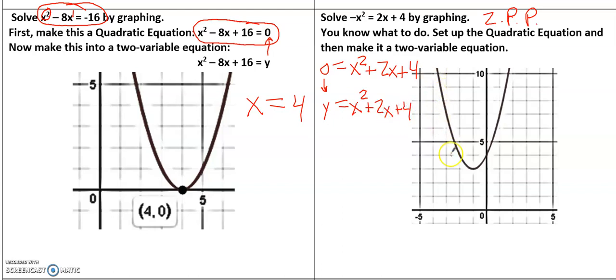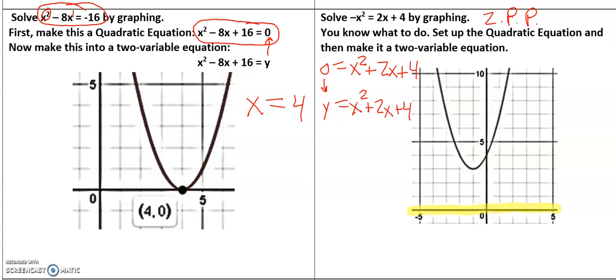And when we graph it, we get this beautiful, amazing graph. And what point on this graph do we care about? We care when y is 0. But what? This is where y is 0. Do you see that this graph does not have a range that includes y equals 0?